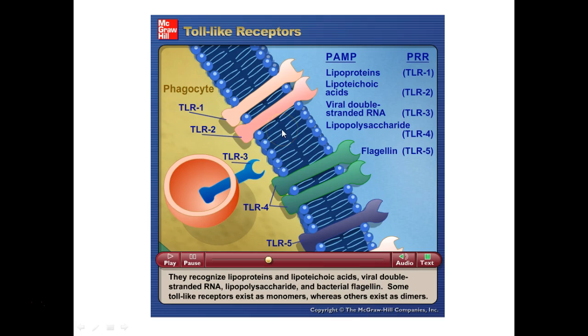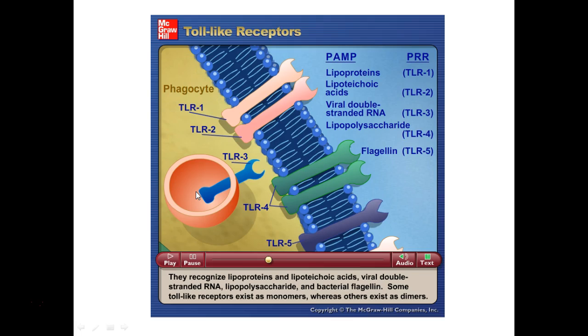That being on the surface would do us no good. So even though we talk about ones on the surface, we even have ones inside of our cells, like this one's associated with an endosome. Others will be within the cytoplasm. And of course this one needs to be inside of our cell because that's when it's going to come in contact with the RNA from the virus.